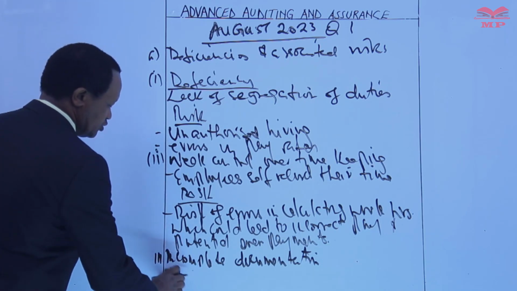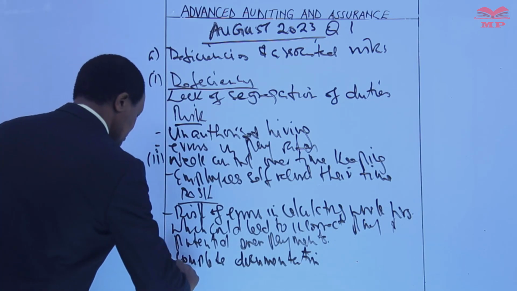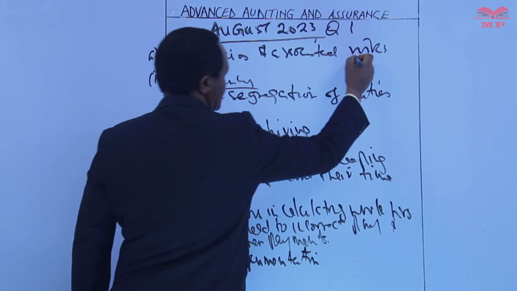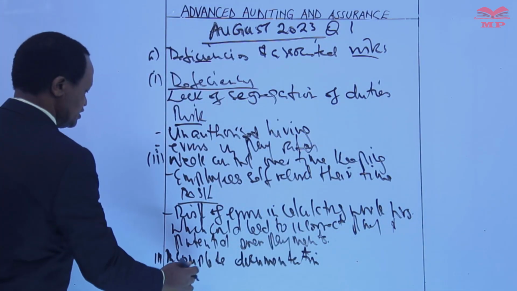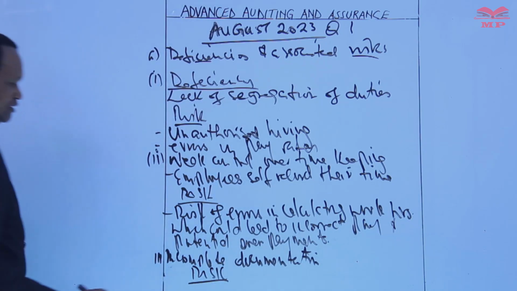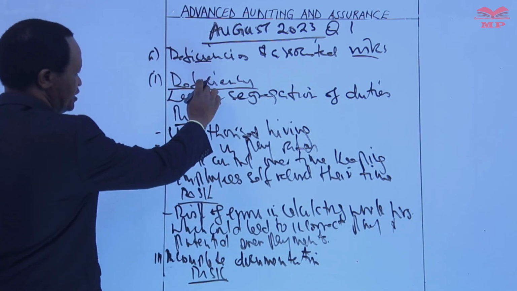And make sure you write candidates' risk so that it's clear. Because the question is deficiencies and associated risks. So when you are giving a deficiency, then you need to indicate that below is the risk. So you have to show the deficiency and the risk.